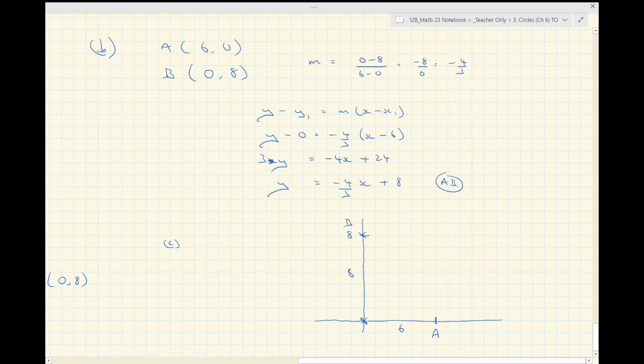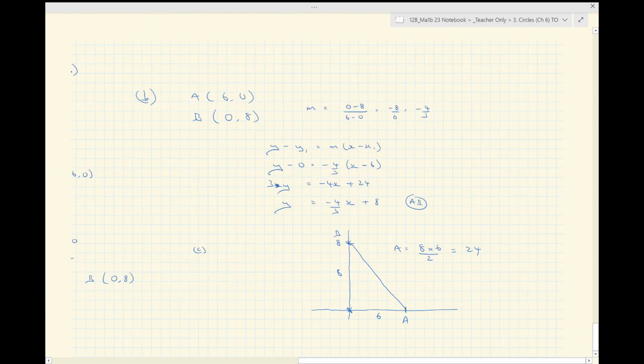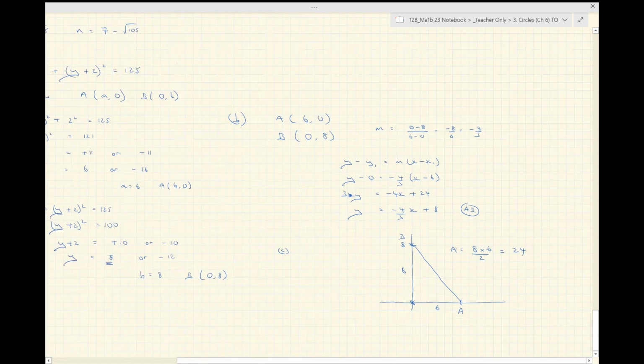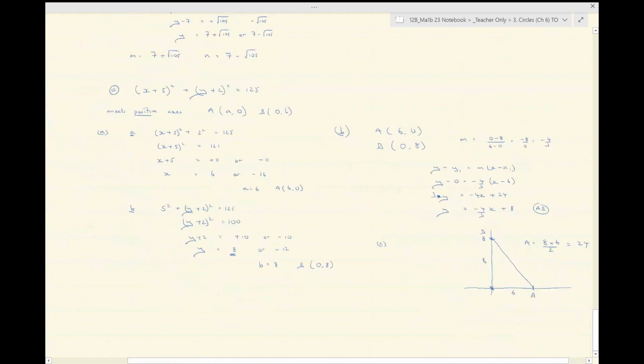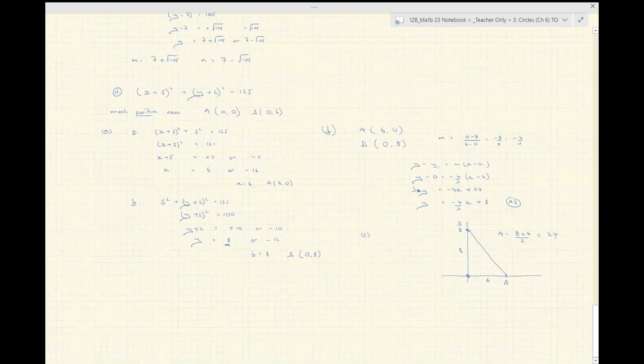So that's my triangle. The area of the triangle is simply 8 times 6 divided by 2. 6 times 8 is 48, divided by 2 is 24. So that is question number 12, sorted.